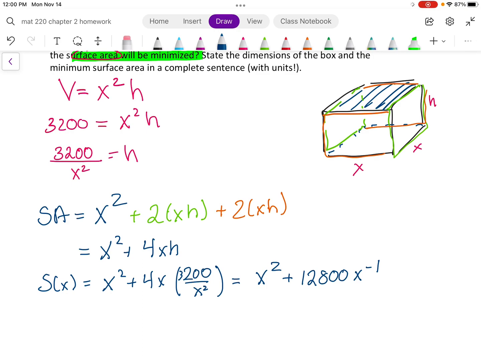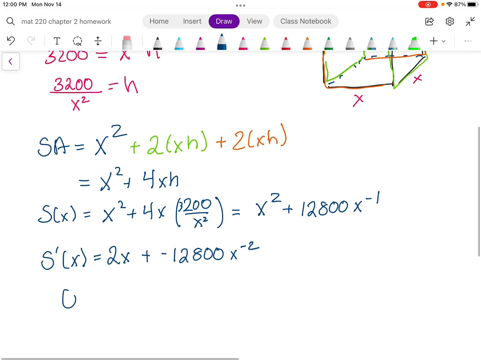And I am now in a place where I can take a derivative using power rule and look for those critical values. So the derivative of x squared would be 2x plus negative 12,800 x to the negative 2. And I want to know when this equals 0, because that's where my critical values are.